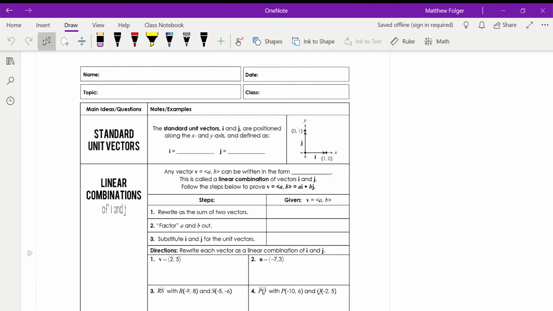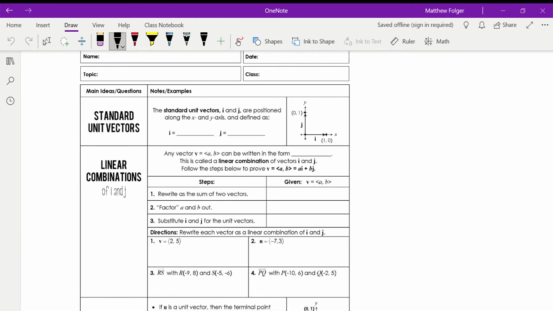We're going to continue talking today about some vectors, and the first thing that I want to talk about is just an alternate way of writing a vector's component form. So we know component form of a vector looks like this.